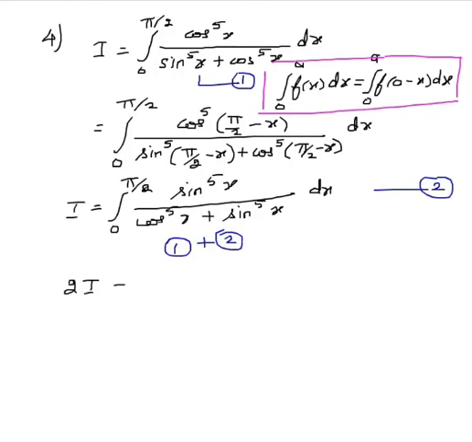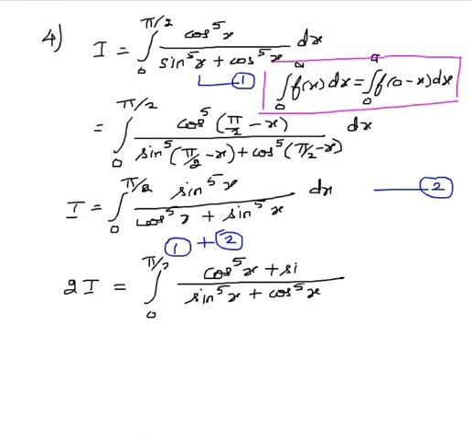The left hand side is 2I. The right hand side, the LCM is sine power 5x plus cos power 5x. Add the numerators. Here also the integrand becomes 1.